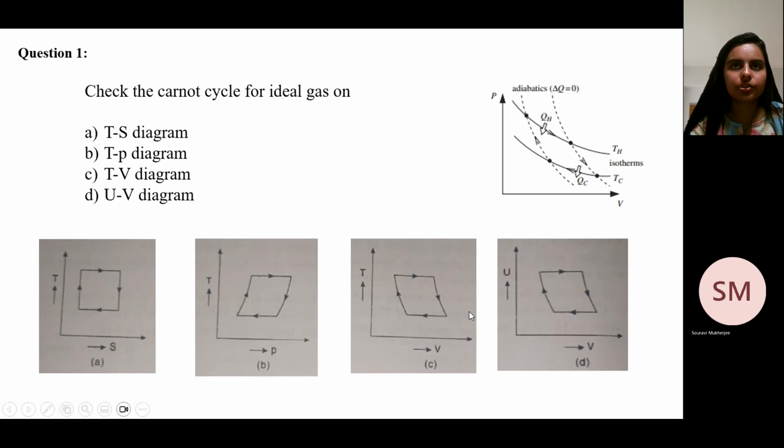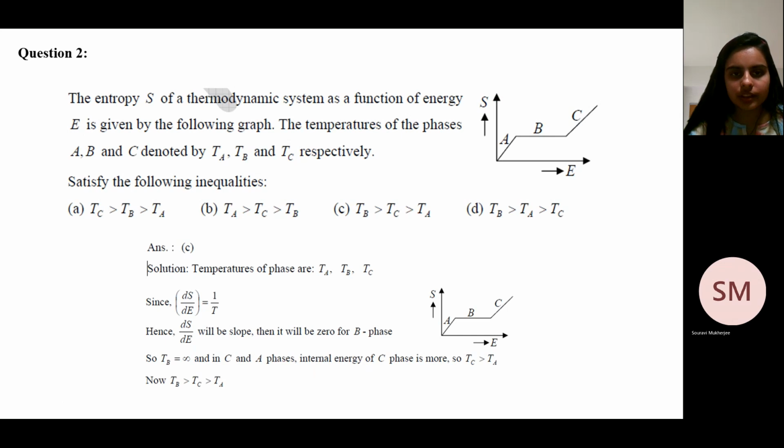So we saw how we can draw these different types of diagrams, starting from some knowledge about how the system is changing during a particular process. And this is a very fundamental thing to understand and remember: how entropy and energy are related to temperature, right?